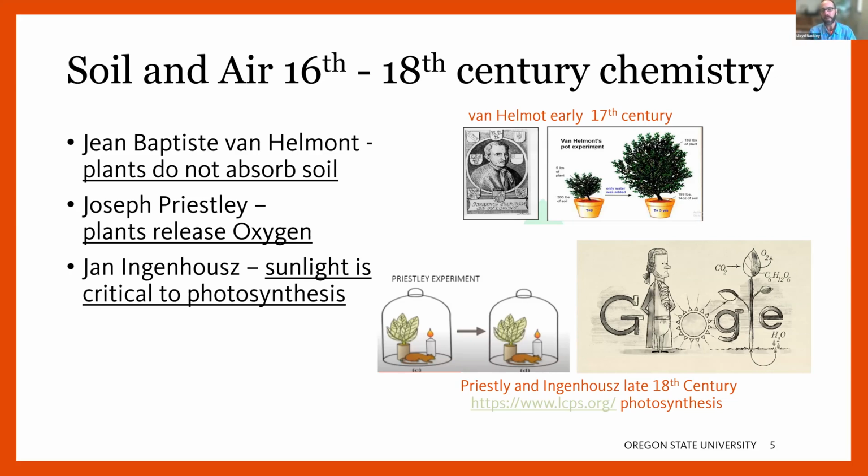And so I'm highlighting 3 of those studies because they really are fundamental to what we as plant scientists and agronomists think about when we're approaching plant nutrition. And so the first one on the top is Jean-Baptiste van Helmont and his study of a willow tree, really. And so that's the picture of the 2 trees. And there was this hypothesis. So this was around, I forget, somewhere in the late 1500s.